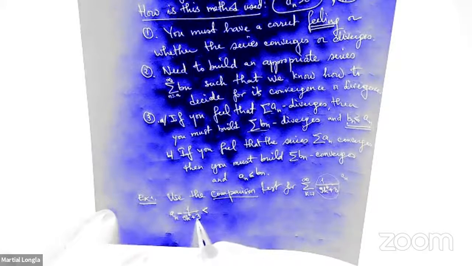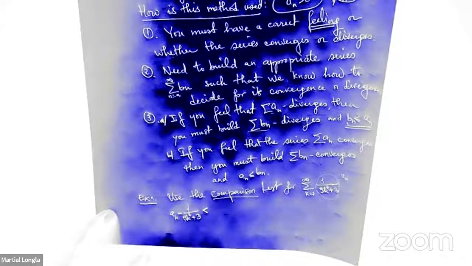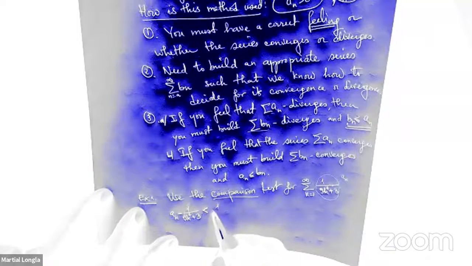What is this thing less than? What can I put on top of this function, just looking at it? In this part, most of it will be your skills. That function would be less than 1 over 9k to the third. That's correct.